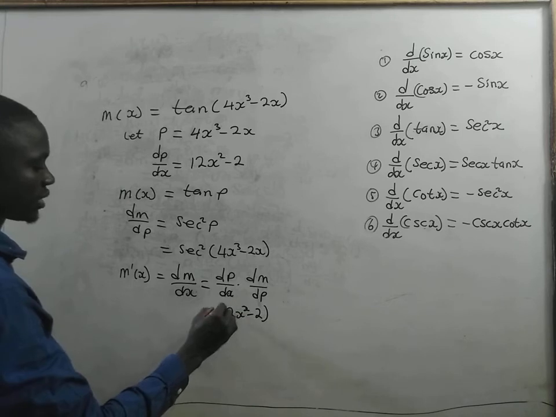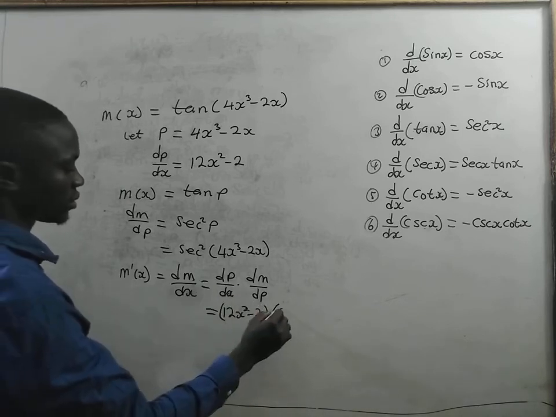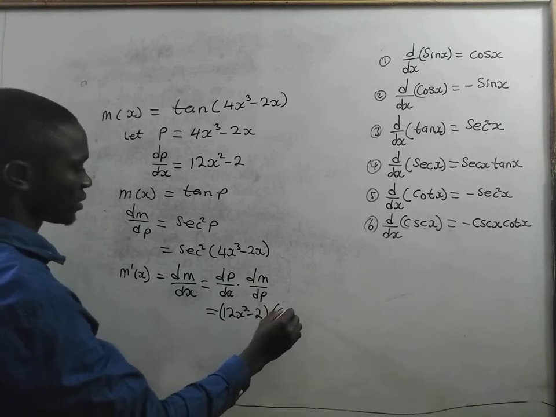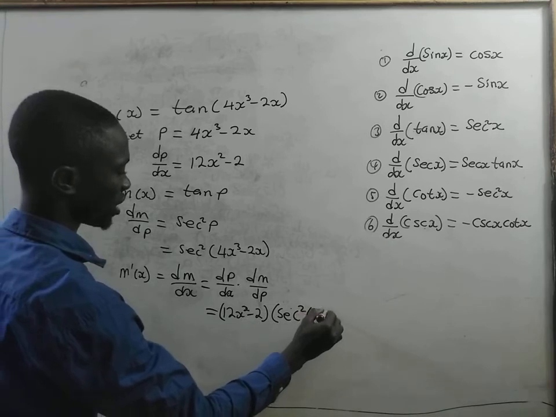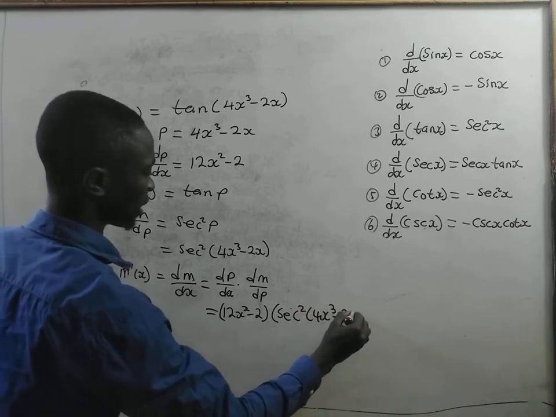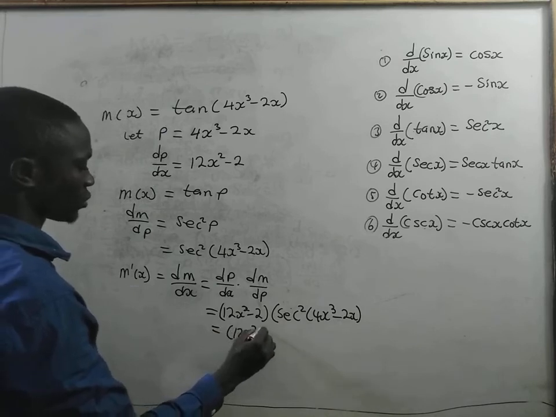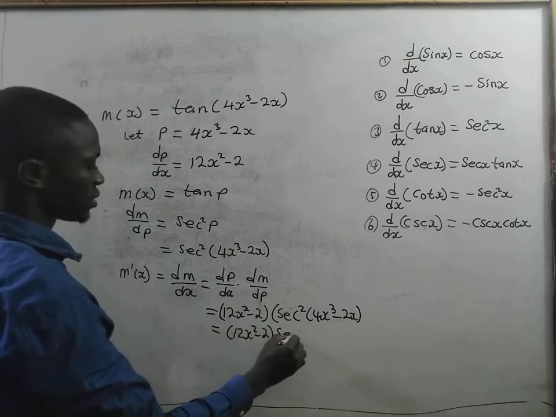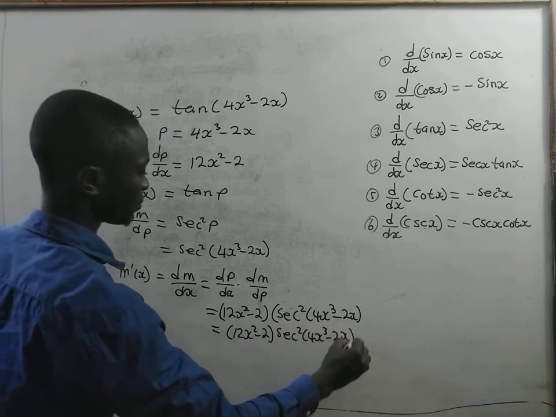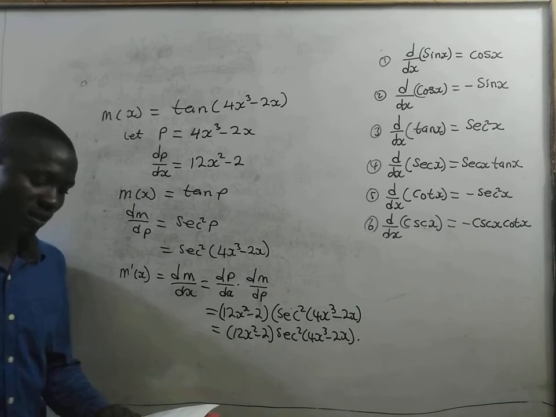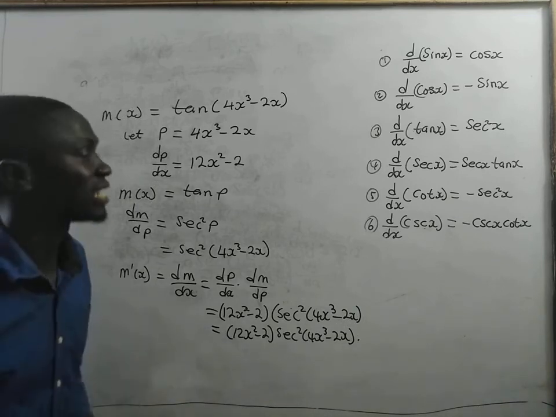Remember to put it in brackets because we have two terms. Times secant squared of 4x cubed minus 2x. And that will give us 12x squared minus 2 times secant squared of 4x cubed minus 2x. And we are done, and we are left with the last example.